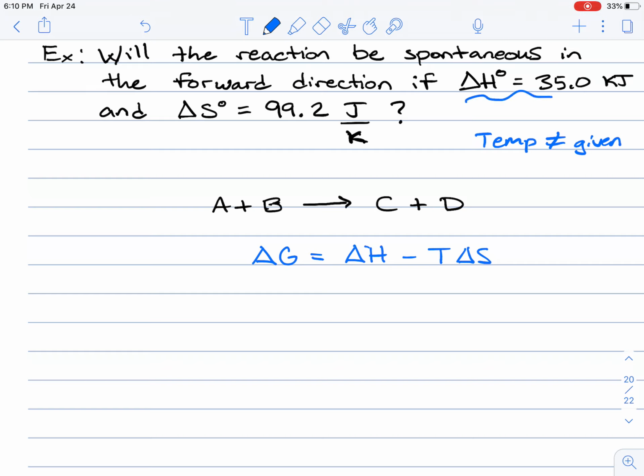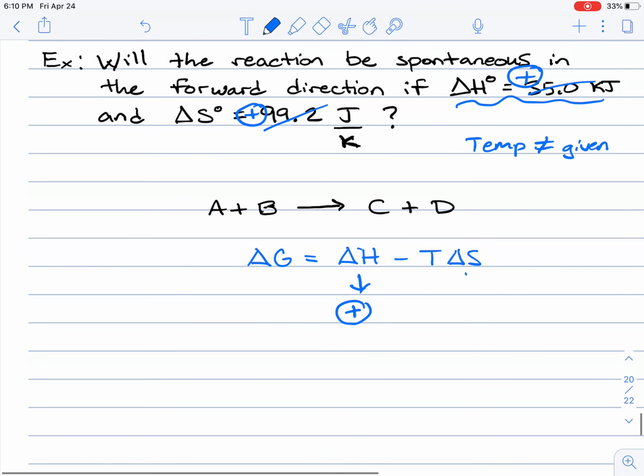And so if delta H is 35 kilojoules, I don't really care about the number. I actually only care about the sign. So notice that it's a positive value. It's positive 35. Here, the only thing I care about is that it was positive to begin with.